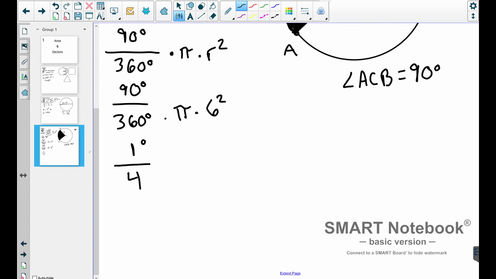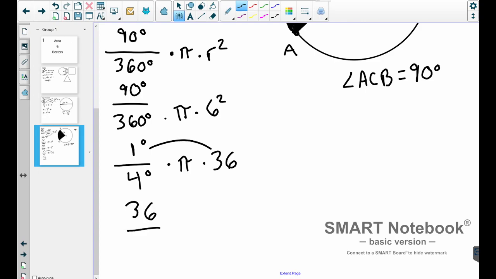So we have this fraction left here times pi times 6 squared, which is 36. Well, then we can combine what we have left to get an answer. So this pi, we always like to leave the pi, right? So let's leave the pi here and just deal with these two. So 36 times 1/4, well, let's write it like this at first.